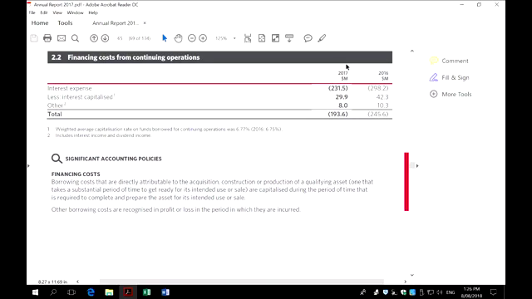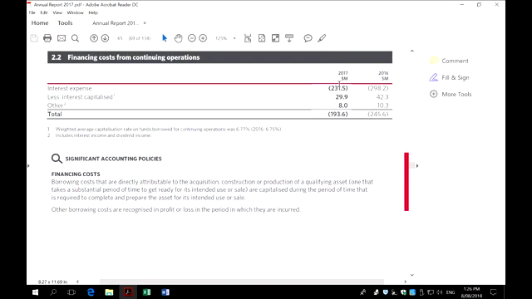But on their books, the accountant decided, okay, of that $231 million of interest we paid, that's negative cash flow, we can capitalize $29.9 million. Of course, there are others. Read the notes, it includes interest income and dividend income.